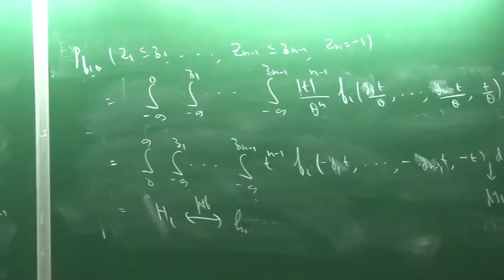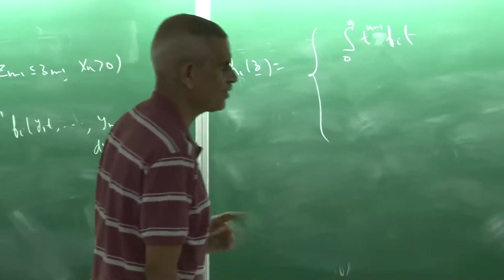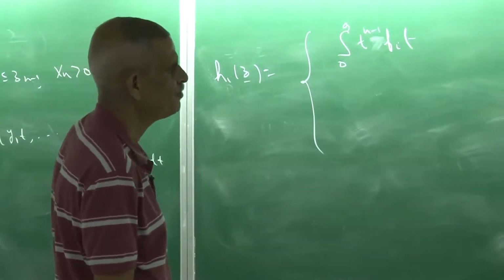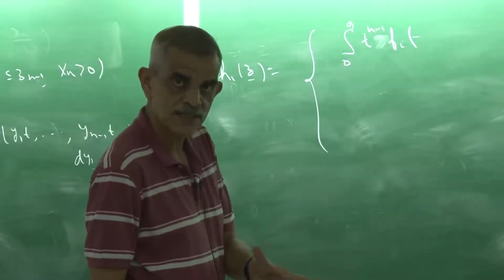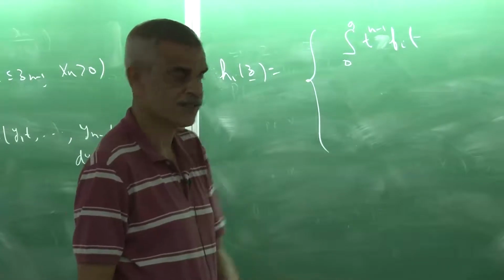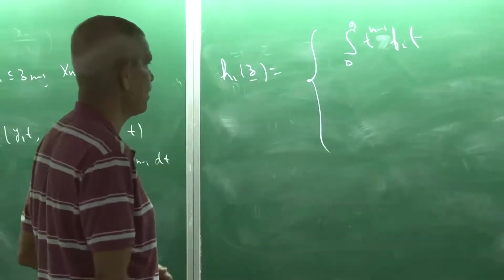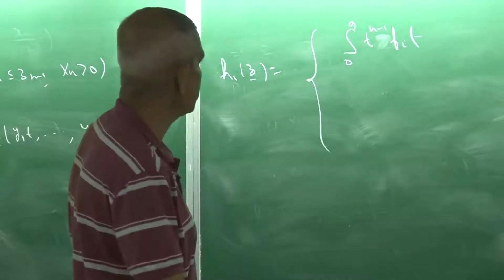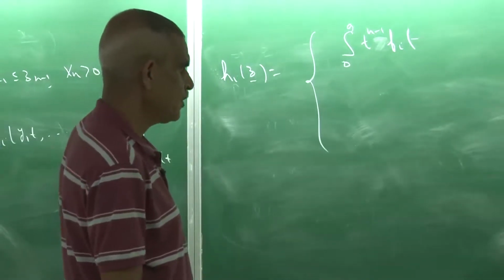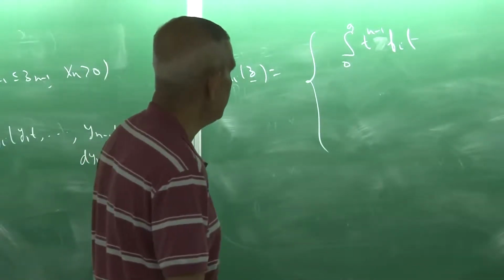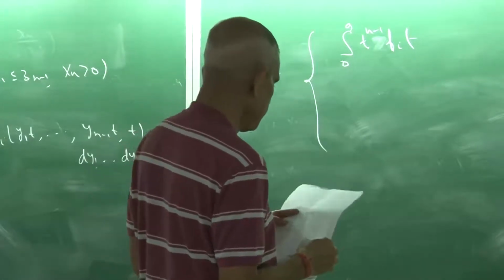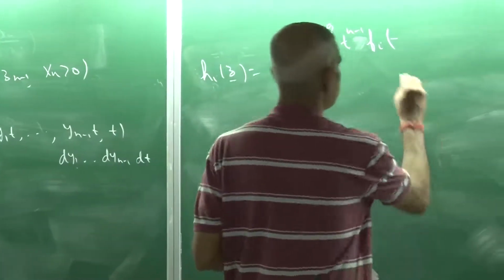The last is a discrete variable, so zn I write down as minus 1 only. So it is a mixed kind of PDF. The first n minus 1 variables are continuous. The last one takes only the value minus 1 or plus 1. So this is the same as t to the power n minus 1 Φ of minus z1 t.